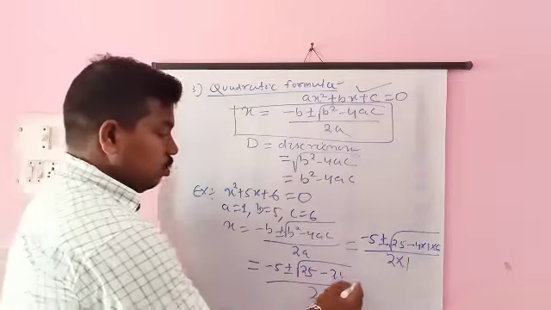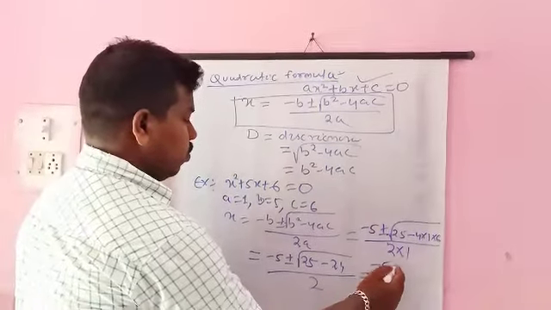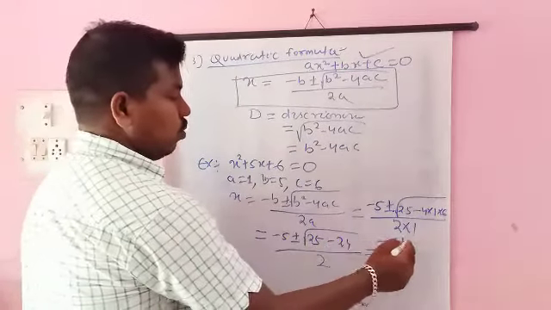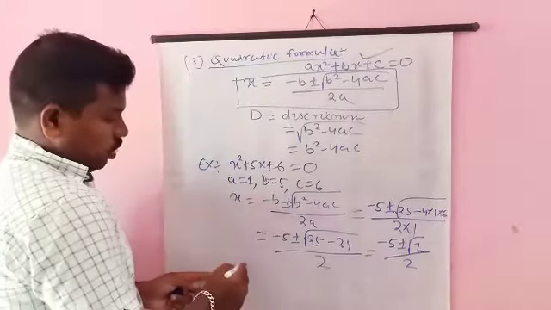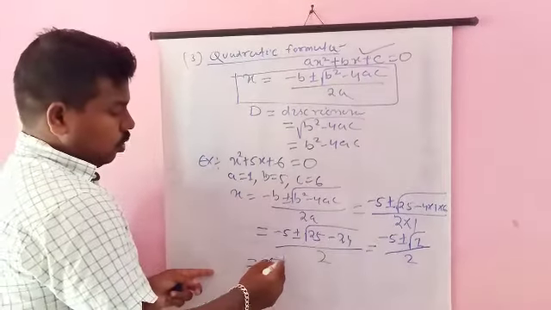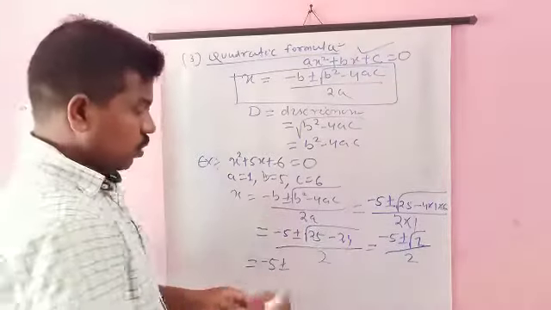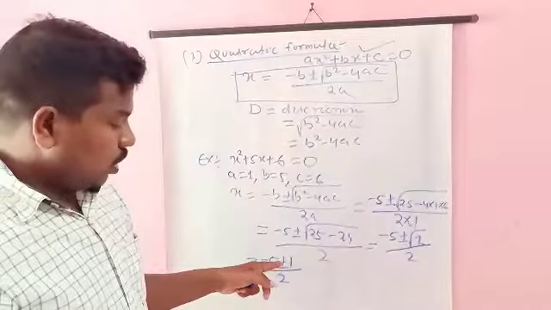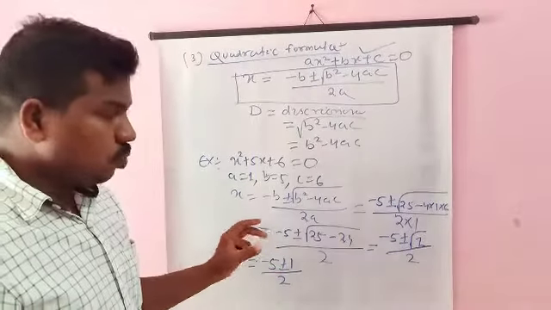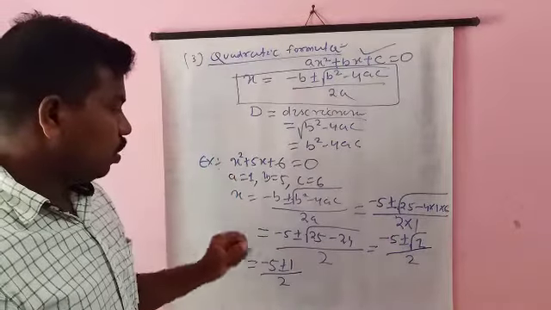So that is equal to minus 5 plus minus root over 25 minus 24, that is 1, divided by 2. So that is minus 5 plus minus root over 1, and root 1 is 1, by 2. Here there are two signs, one plus and another minus. That means you can find two roots by using the formula.